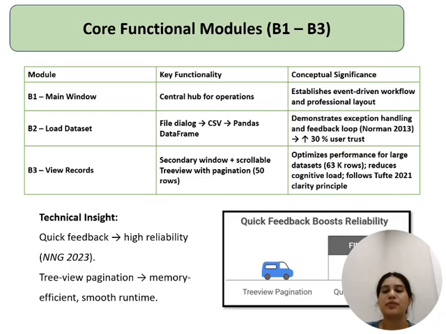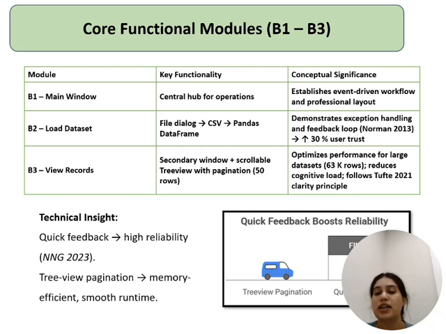For functional modules, Slide 14. The first three modules define the system backbone. B1, the main window, is the central hub with the overall workflow: load, view, add, search, update, delete. B2, load dataset, opens file dialogues and reads CSV using pandas, confirmed using Tkinter message boxes.